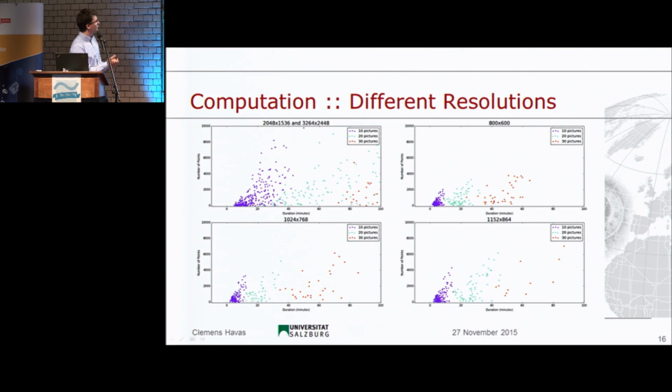Therefore, we wanted to emphasize the higher resolution, as the computation time is still very low, and we get a lot of points, and the variation is also very high.